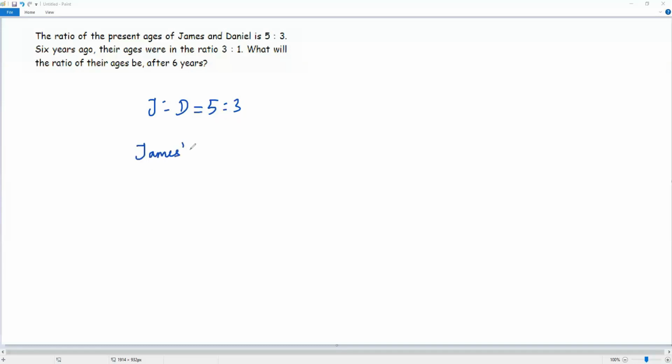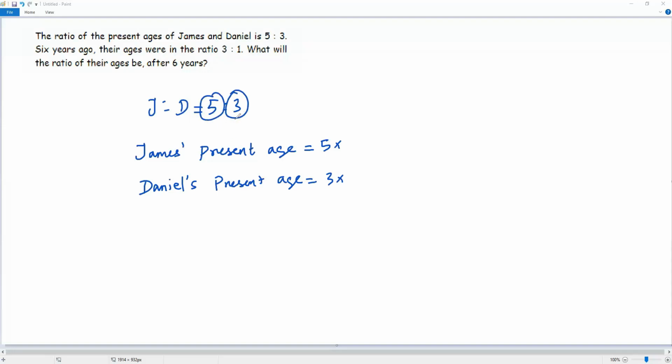So James' age is equal to 5x and Daniel's age is equal to 3x. So to get the ages of James and Daniel, I multiplied both the terms of the ratio by the same non-zero number, x.